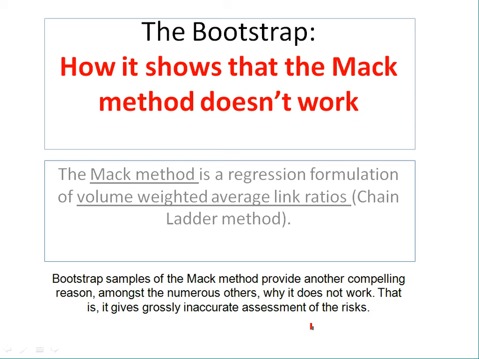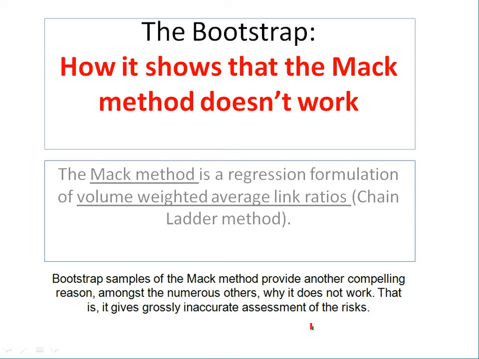Now, we use bootstrap samples. Bootstrap samples are supposed to replicate the features in the real data, and if the features in a bootstrap sample are very different to the features in the real data, one would then argue that it's the method or the model that is inappropriate for the data, that the method itself has not replicated the features in the data.